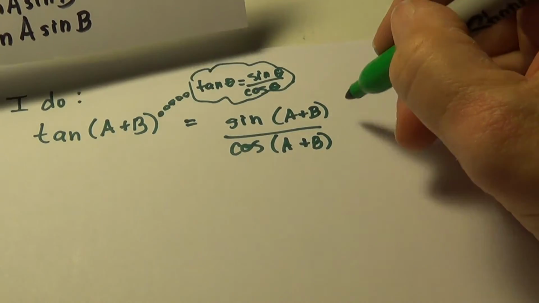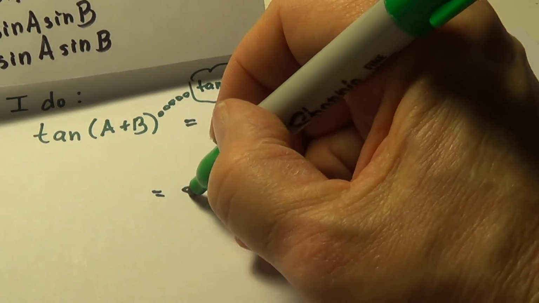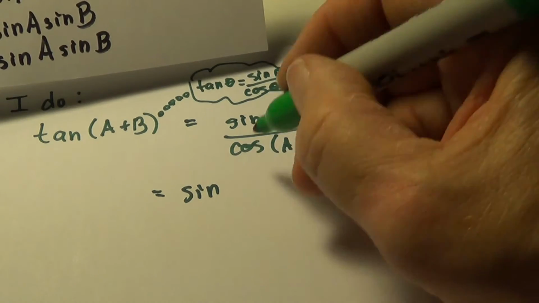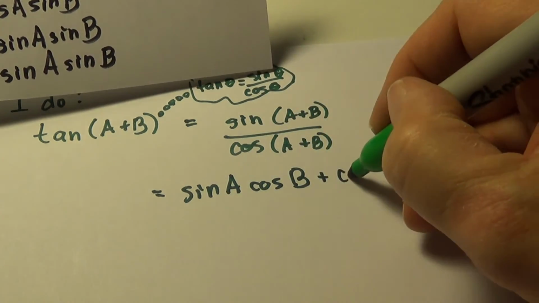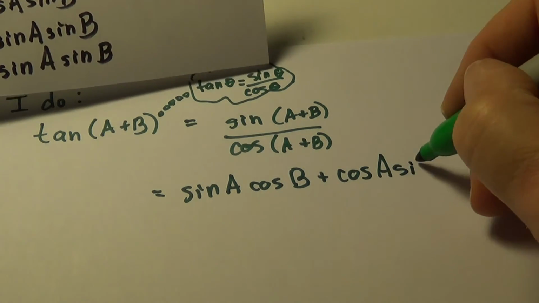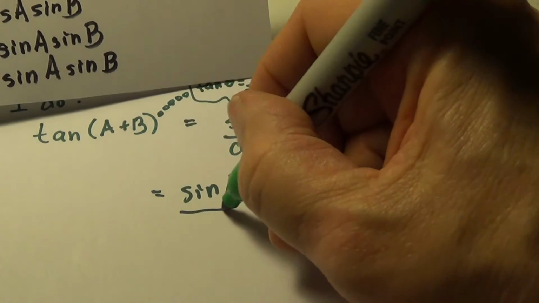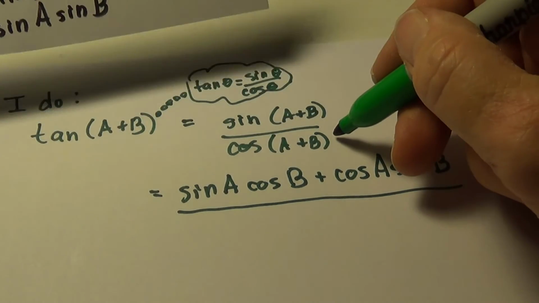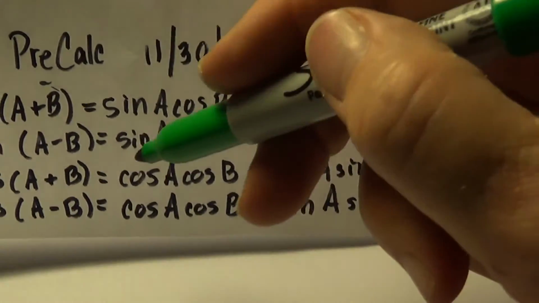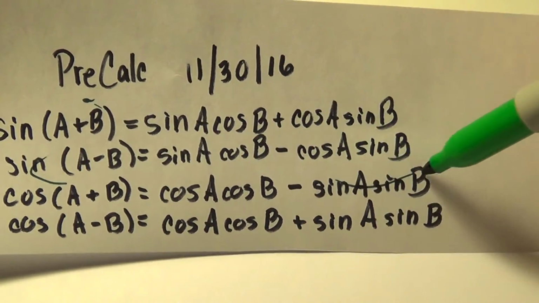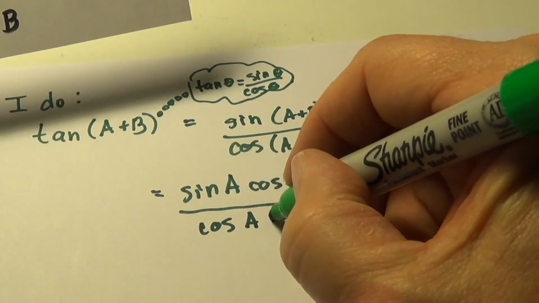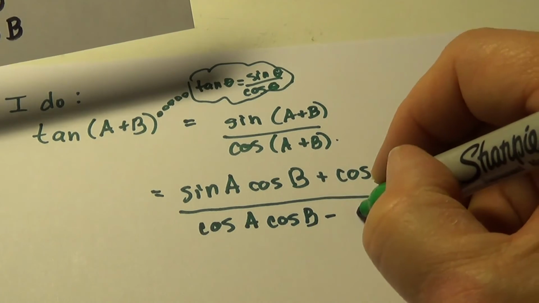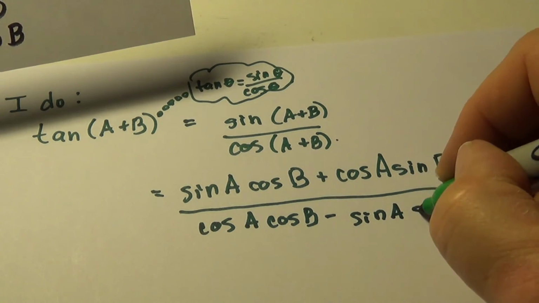So I will do that right now. Sine of a sum is sine A cosine B plus cosine A sine B, is it not? And then cosine of A plus B will follow this expression. So we get cosine A cosine B minus sine A sine B.